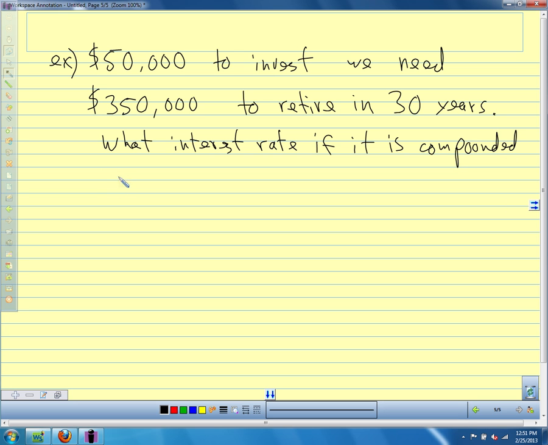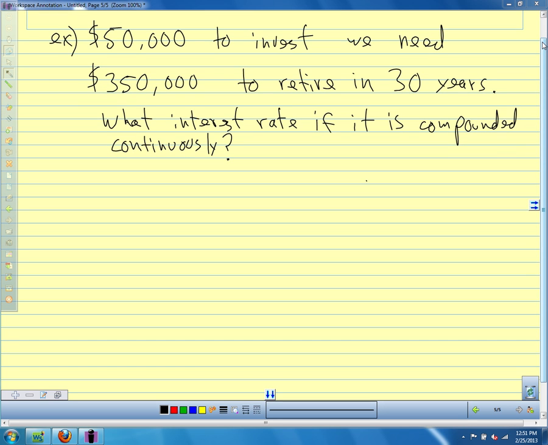So what interest rate if it's compounded continuously? It's a very similar process.